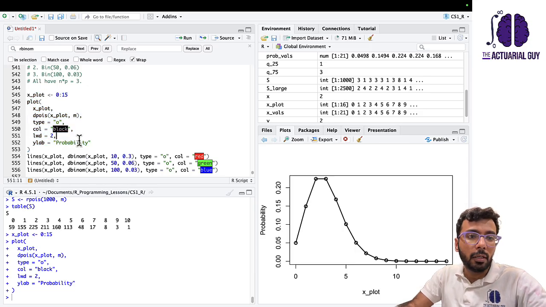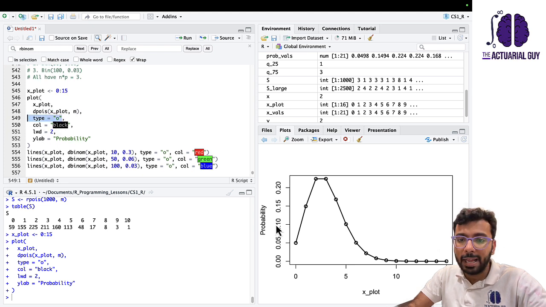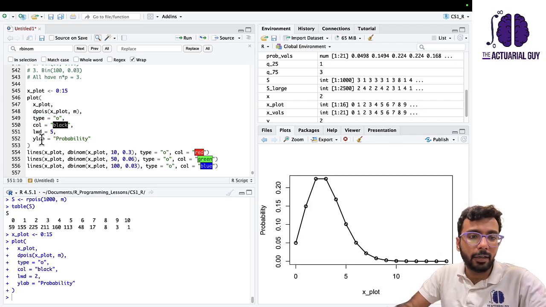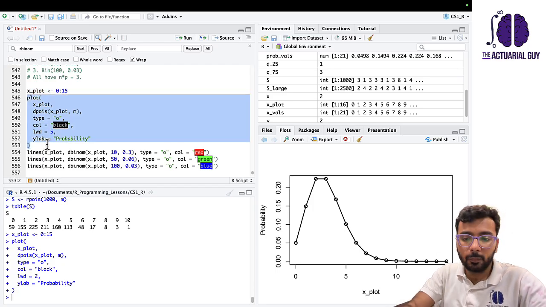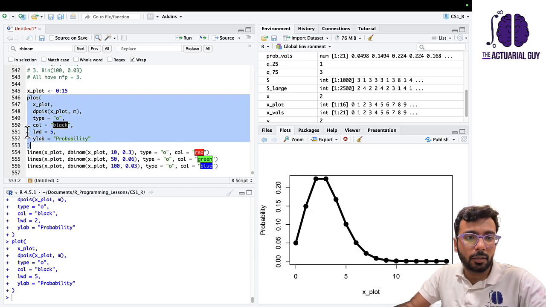We have used all of these functions that we have discussed earlier. The type is o, and you have these points over the line, and you've taken lwd as 2. You could have taken it as 5, and that would have changed the width that you have taken. So line width 2 looks much better.